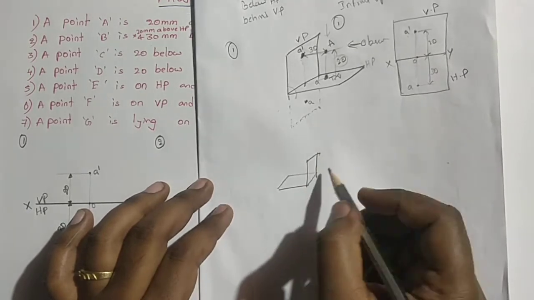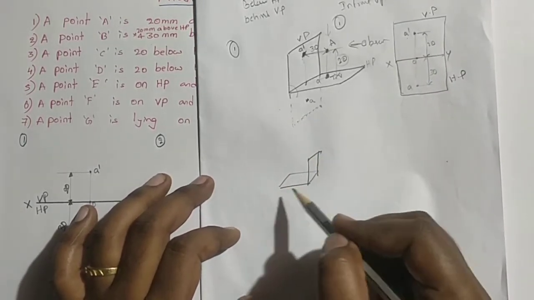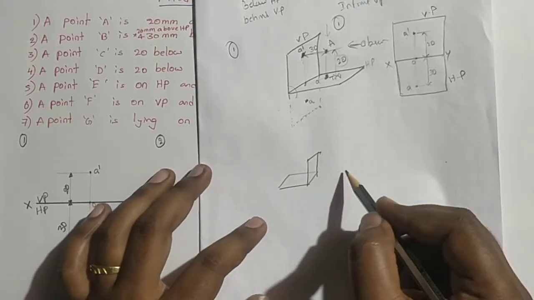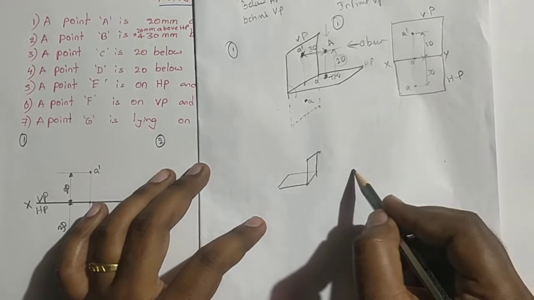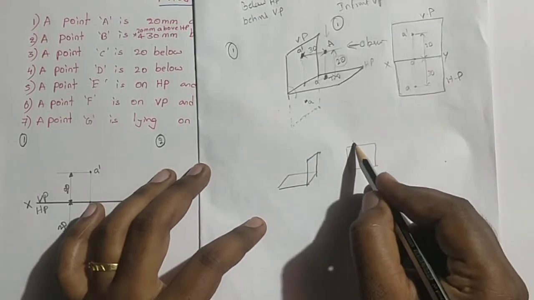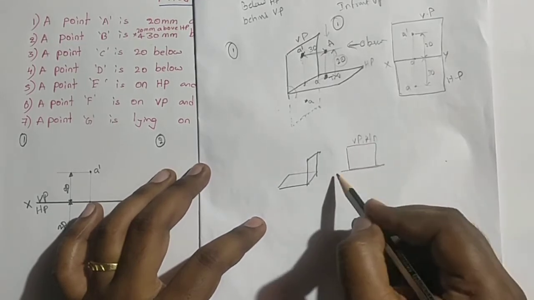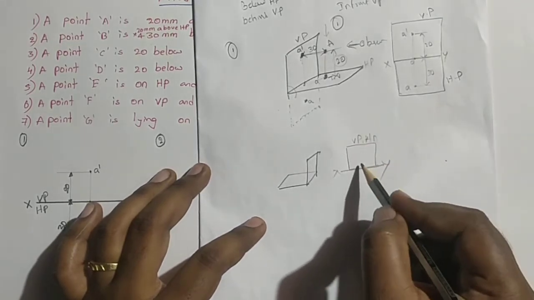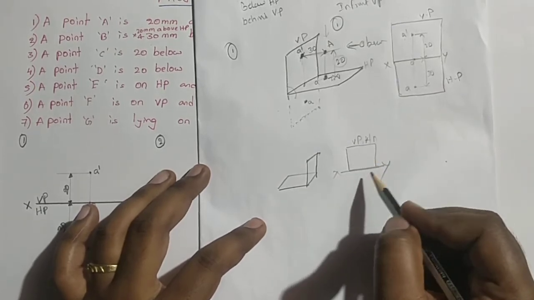I am separating the second quadrant from the four quadrant system. When we rotate this plane by 90 degrees, what happens? Both HP and VP lie in the same plane, that is above XY. So the front view and top view both are located above XY in the second quadrant.